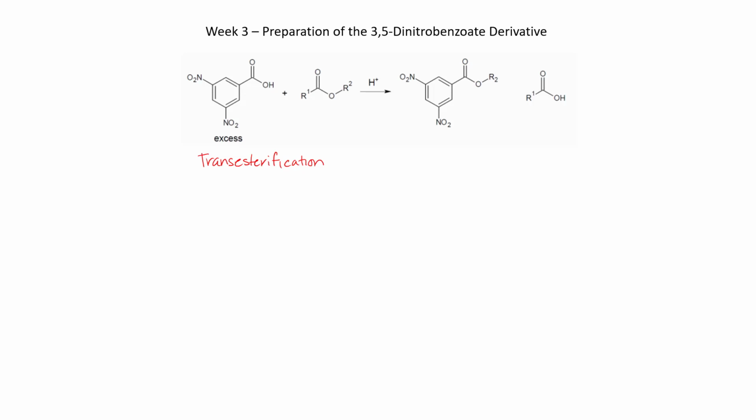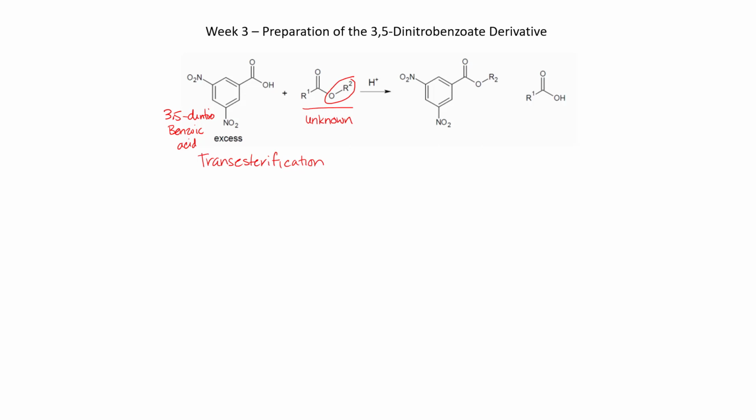So in this case, what we're going to do is we're going to react our unknown ester with an excess of 3,5-dinitrobenzoic acid. And what will happen then is that the alcohol portion of the ester.